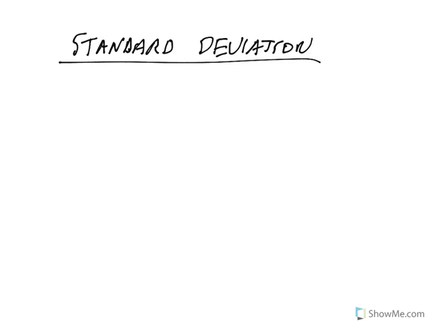So I also mentioned about spread. Now spread, there are a number of ways we can measure spread, and as I said, the interquartile range is one, and this thing called the standard deviation is another one.